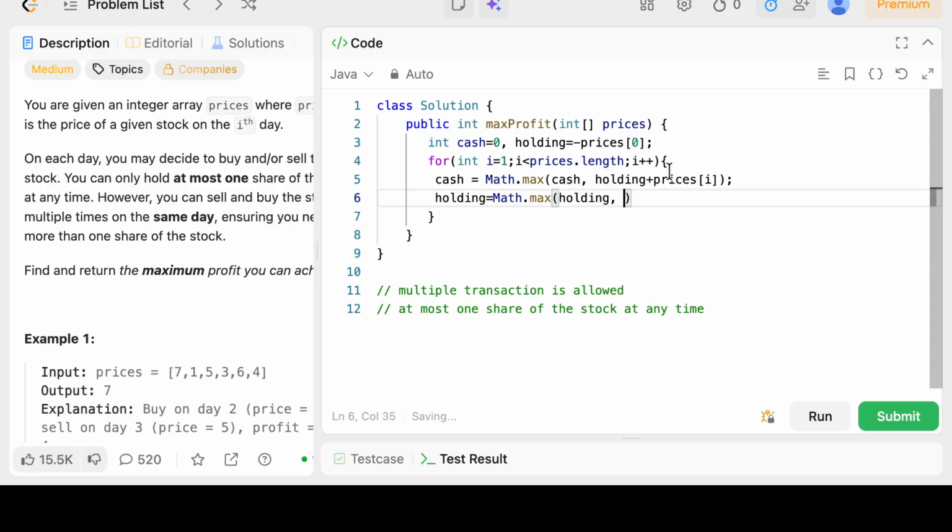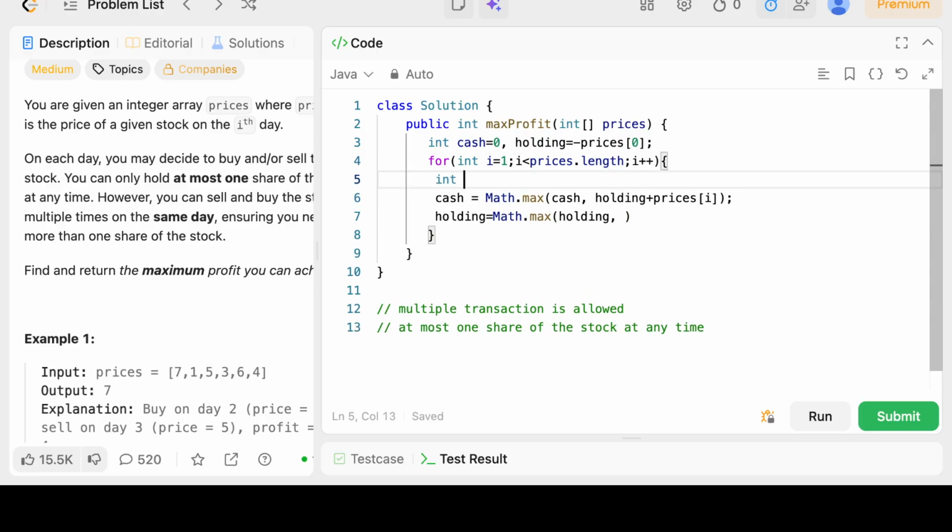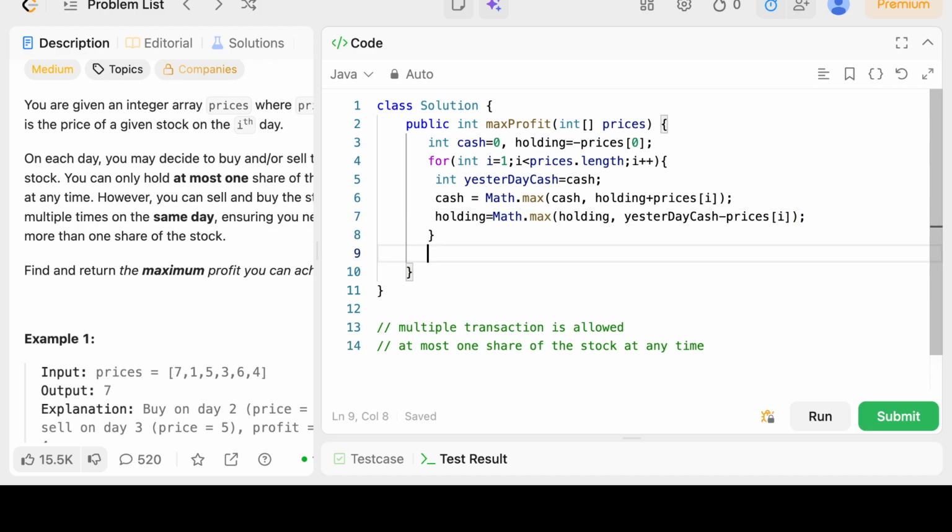We are buying today, so we need to use the cash. Whatever cash we had yesterday, we utilize to buy it. If we are buying it, then we need to pay this price. At the end, you just need to return the cash.